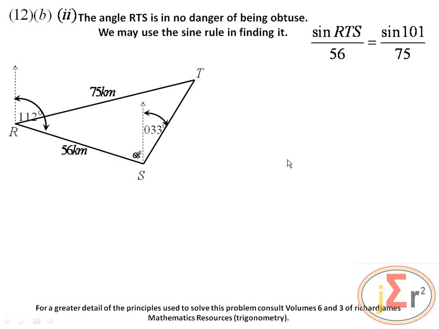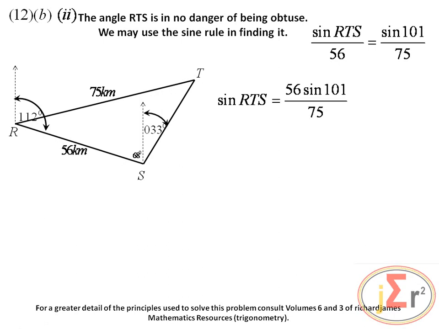And of course, the sine rule is applicable when we have one side of a triangle, a known side, and a known angle that are opposite to each other. The known side that we have is the 75, and it is opposite the known angle that we have just calculated to be 101 degrees. So what do we say? Sine of the one that we are trying to find, RTS, over the side that is opposite to it, 56, is equal to sine 101 divided by 75.